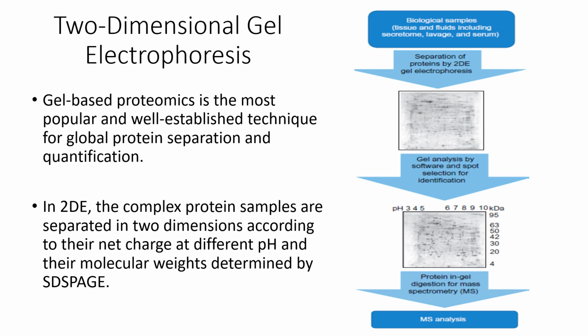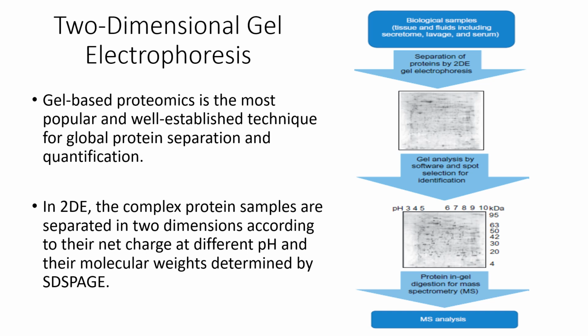The gel-based proteomics is the most popular and well-established technique for global protein separation and quantification. Through this technique, overall protein expression of tissue can be analyzed on a large scale, and it's a cheaper approach than the gel-free proteomics. 2D gel, MS and bioinformatics tools are the key components of the gel-based proteomics. The most important steps involved in the 2D gel technique are summarized in this diagram here.